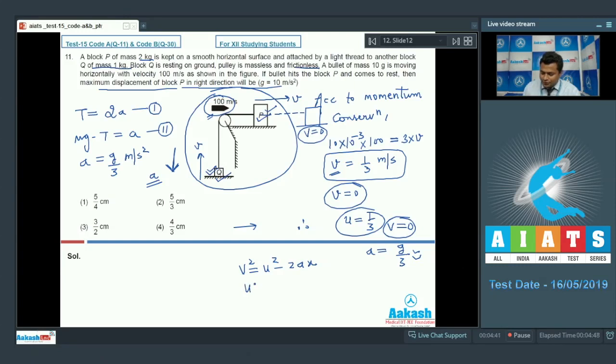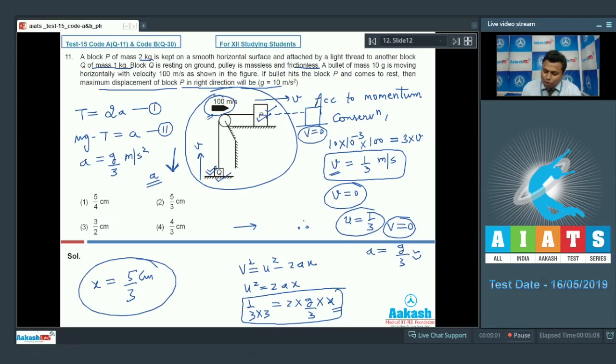V is 0, therefore u square equals 2 into a into x. u is 1 by 3, so 1 by 3 into 1 by 3 equals 2 into acceleration g by 3 into x. After solving, we will get the value of x, that is x equals 5 by 3 centimeter. So we can say that this block P will move 5 by 3 centimeter in right direction. Option number 2 is absolutely correct. We will go with this second option.